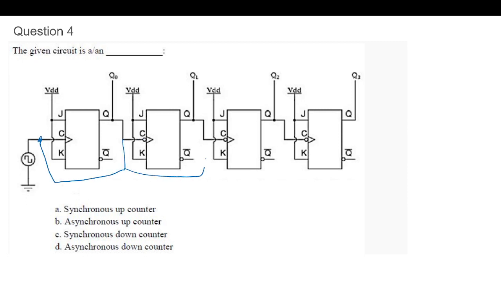If the circuit was something like this, then it would be synchronous. Here it is an asynchronous counter, because this flip-flop's clock is the output of the first flip-flop. So this is an asynchronous counter.